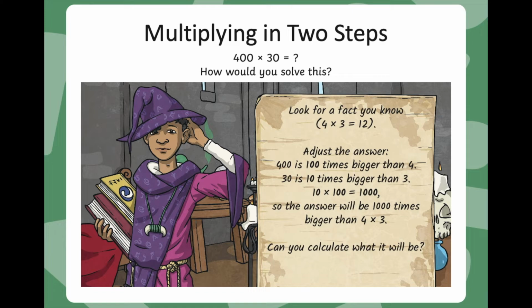Can you calculate what it will be? So 400 times 30 will be 12,000 because the answer needs to be 1000 times bigger than 4 times 3, and 12,000 is 1000 times bigger than 12.